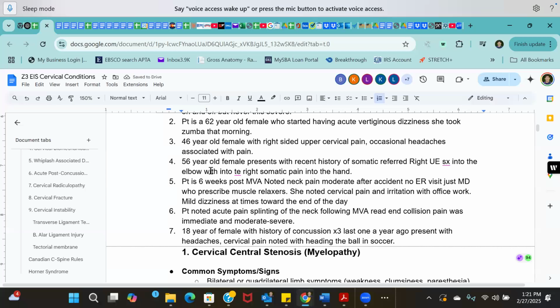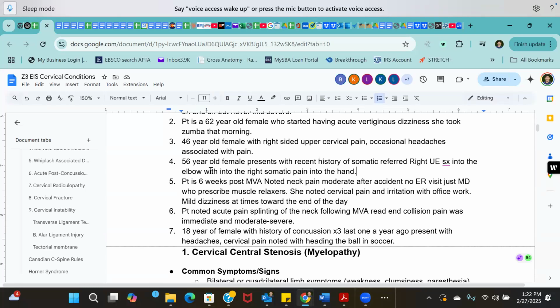So with more referred pain, I'm thinking something more segmental versus disc herniation. With the somatic pain into the hand not being super specific, that pushed me away from radicular type pain toward referred pain, just because it seems kind of generalized.